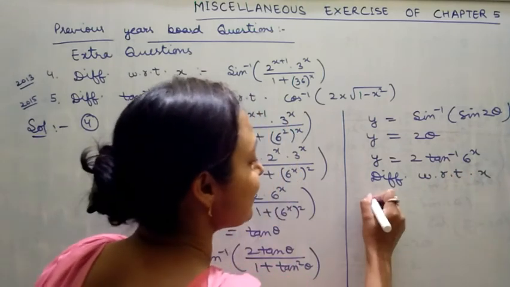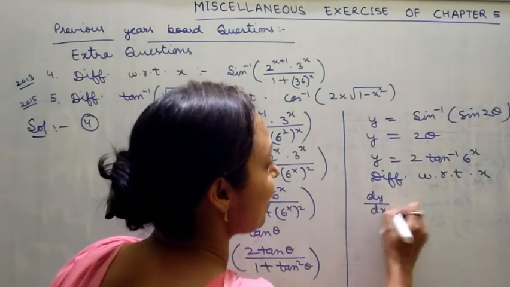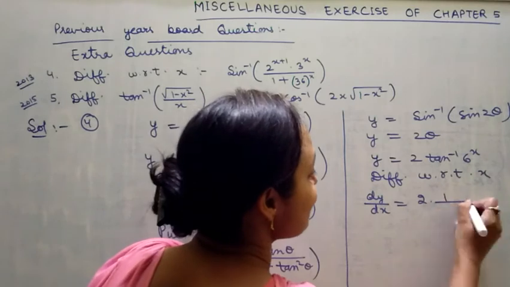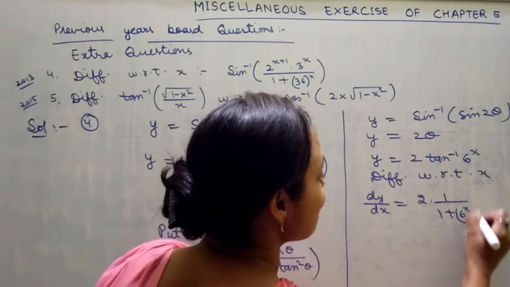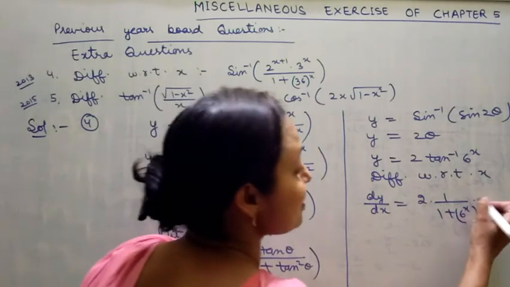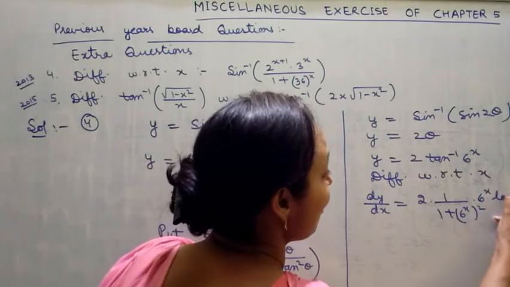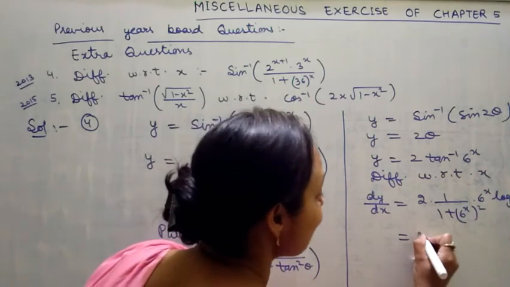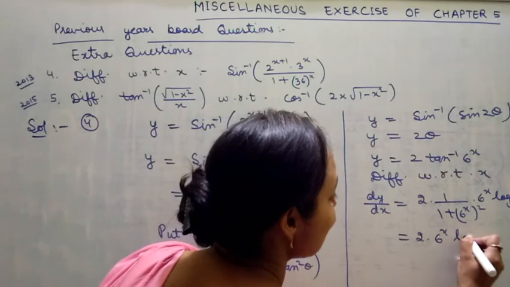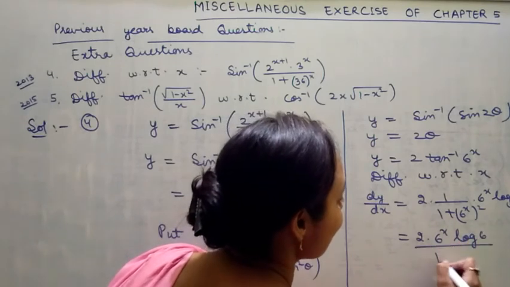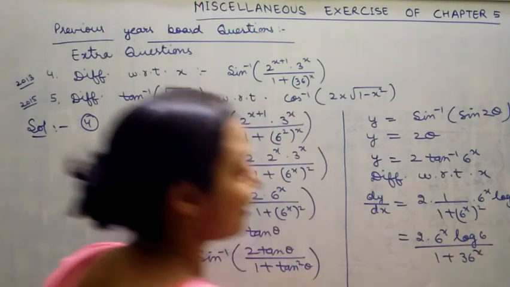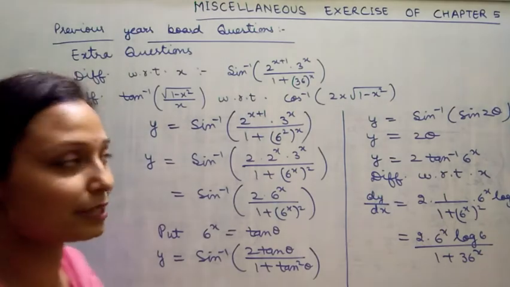How you can write it? dy upon dx, 2 as it is. The differentiation of tan inverse is 1 plus (6 raised to power x) square. And what is the differentiation of 6 raised to x? That is 6 raised to x log 6. So I will write it as 2 into 6 raised to power x log 6 divided by 1 plus 36 raised to power x. So this is the way to solve this question.